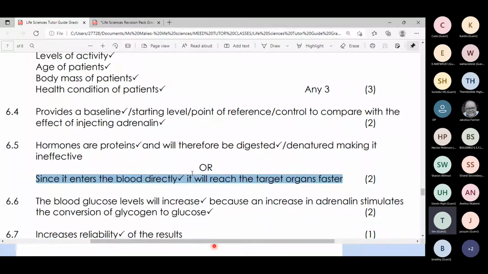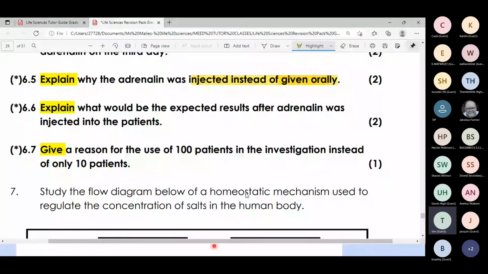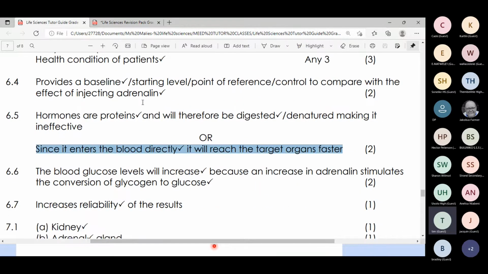6.7. Give a reason for the use of 100 patients in the investigation instead of only 10 patients. Now, if we look at the number 100 and compare it with 10, it means increase the sample size. And that reminds us of reliability. Remember, grade 12s? Reliability and validity.